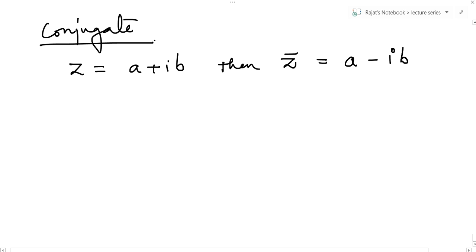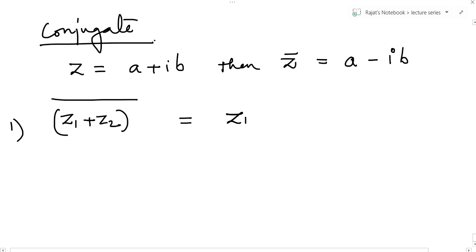Now let us discuss the property. Suppose there is a complex number z1 plus z2, and I want to find the conjugate of this complex number. You can distribute it, and this will be equal to z1 conjugate plus z2 conjugate. In fact, I can extend this property to n complex numbers.